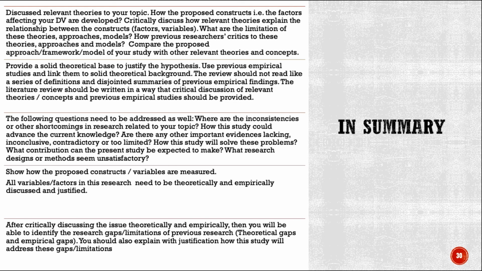This could be theoretical gaps or empirical gaps. You should also explain with justification how this study will address these gaps or limitations. So you have to explain in detail and justify how your study will fill this gap and what method this study uses to address these gaps or limitations.